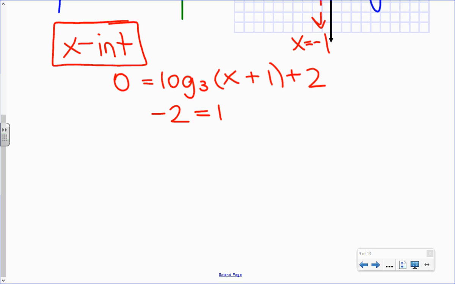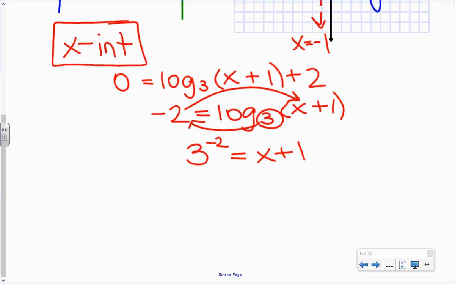And then we did all of that work on how to rewrite logarithms. Okay? We have base 3 to the negative 2 power equals x plus 1. Think about what a negative exponent means. What is 3 squared? 9. 3 to the negative second would be 1/9.